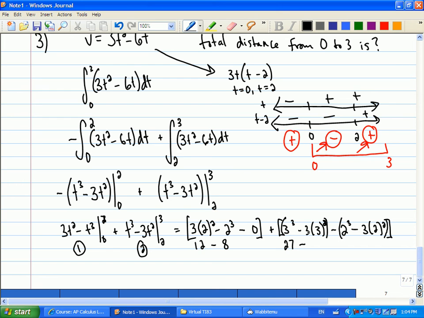That's a 9 times 3, so 27. Then I'm going to subtract 8 minus 12. Okay, so that's 4 plus, those are gone, becomes a 0. And that'll be negative 4, so positive 4. So altogether it should be 8.